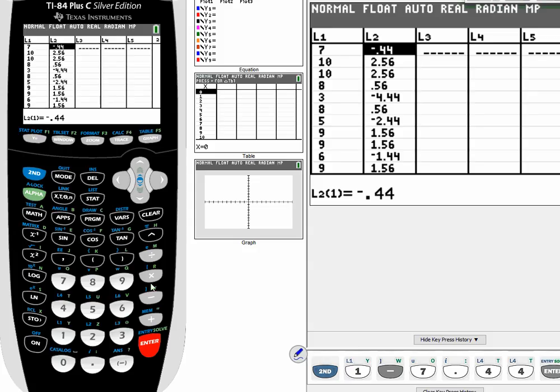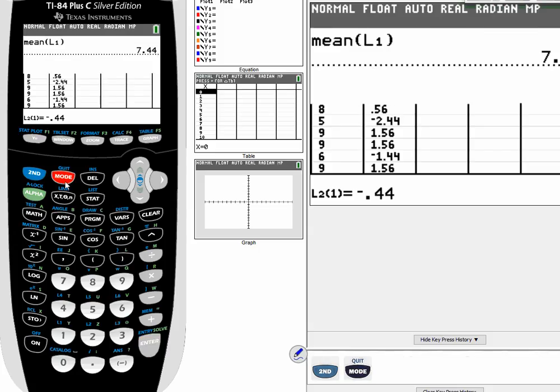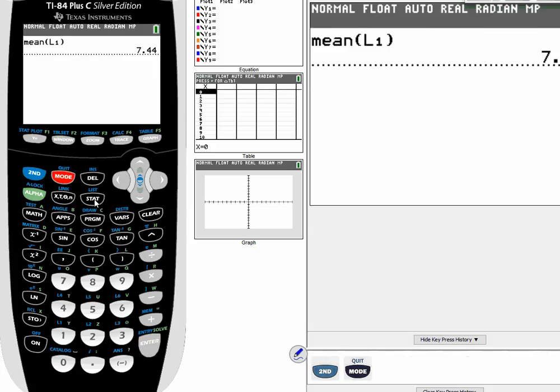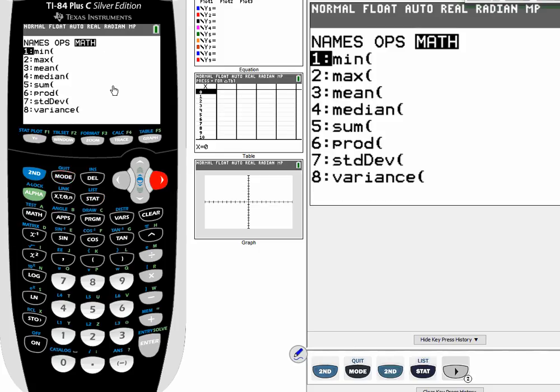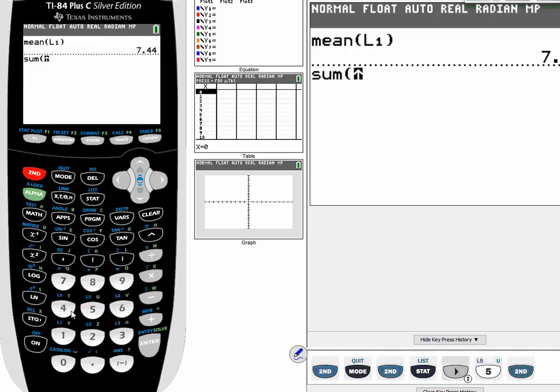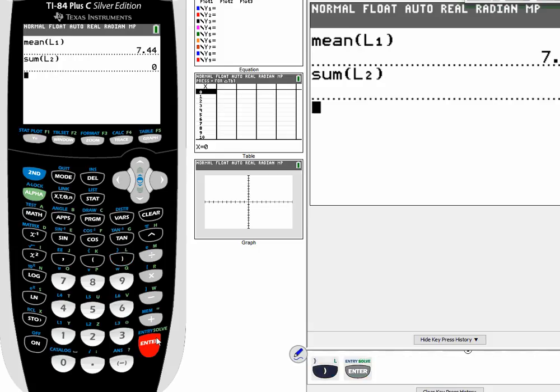If you remember, I commented on that yesterday. And now this isn't really part of our calculations, but if I do that second stat again, and I go to the sum, and that's number 5, of list 2, it should be 0. Sometimes if I've used a decimal, it'll round and not quite be 0.